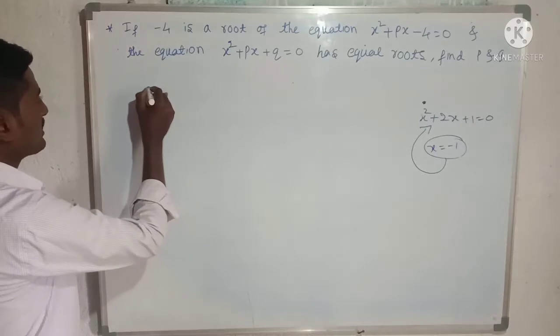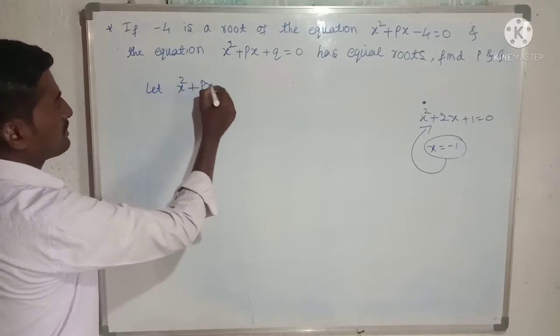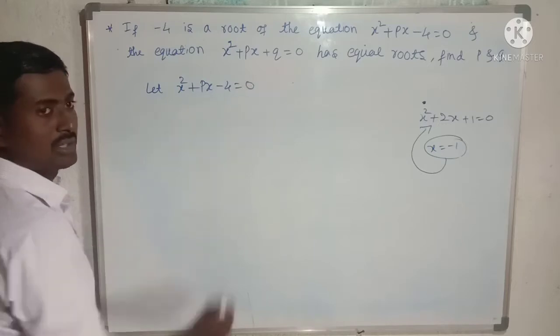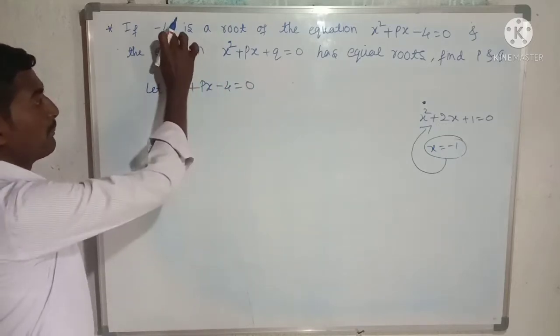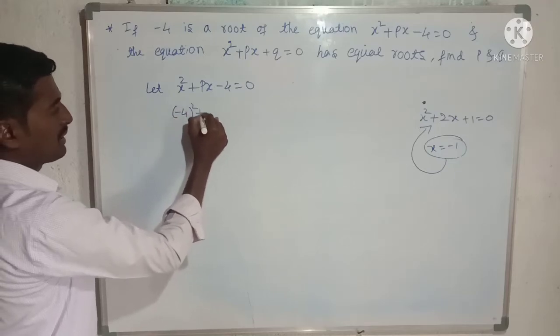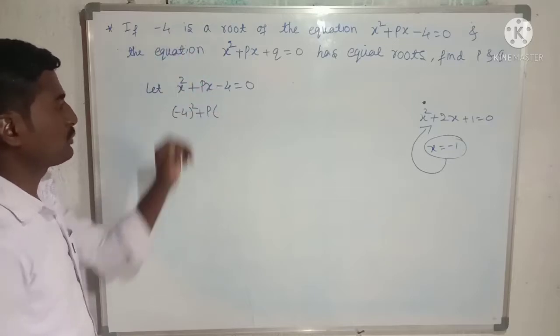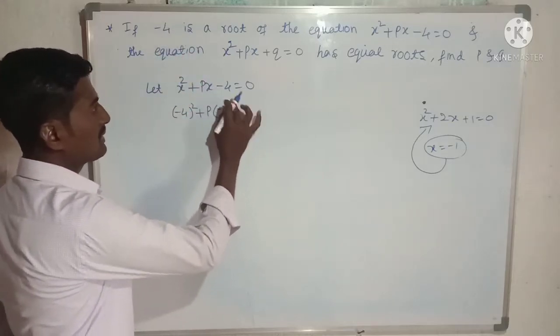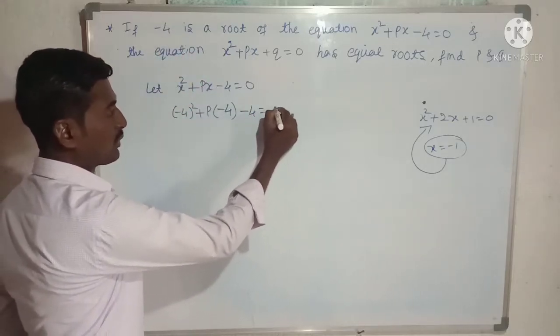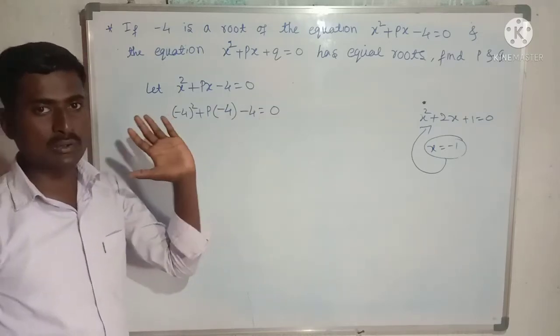Now let us take the first equation, that is x square plus px minus 4 is equal to 0. Now I can substitute minus 4 here. So that is (minus 4) square plus p into, in place of x I can substitute minus 4, then minus 4 is equal to 0 I must take.